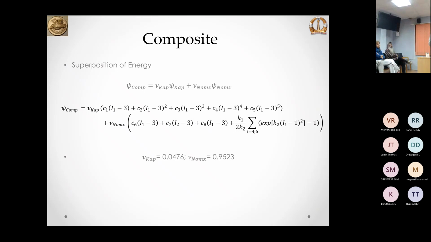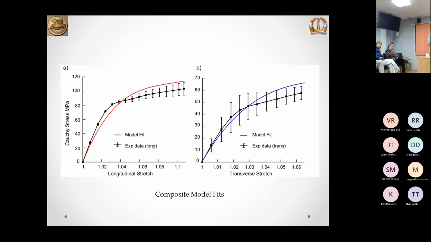Because strain energies are defined per unit volume, we have to multiply with the volume fractions. So this looked like a rule of mixtures formula, although it's not a rule of mixtures formula, but it's the energy superposition principle that's very powerful actually. So we tried to superpose the energies of Kapton and Nomex, and we found the volume fractions from the experiment.